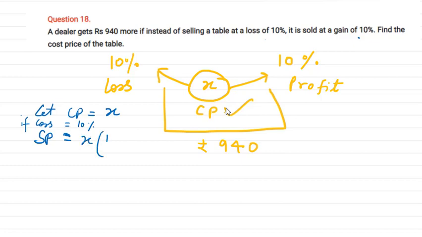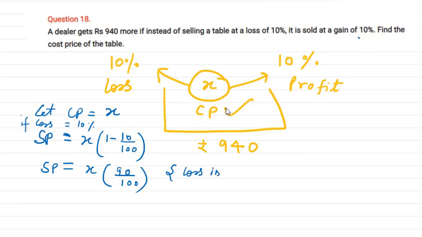CP into 1 minus loss percent by 100. Okay, so that will be X into 90 by 100. So this will be the selling price when the loss is 10%.